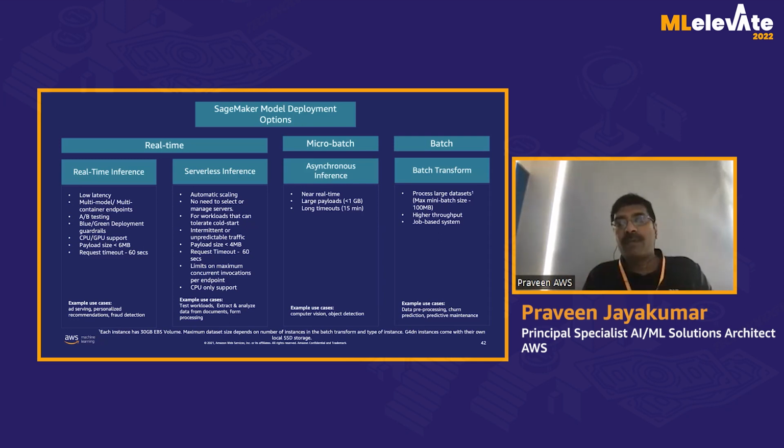For those types of use cases, we suggest something called asynchronous inference. Where we provide you an endpoint, you can call the endpoint, we put the request in a queue, and then we process the request and write the response back into S3 basically, right? And then you can get the response back after that. So it's an asynchronous inference that we provide.